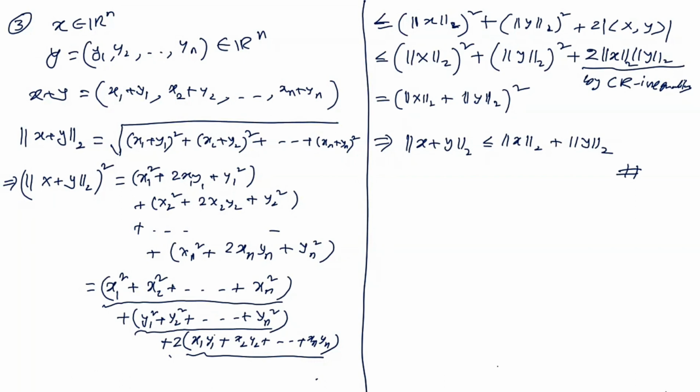So this completes the proof that norm 2 is a norm on Rn.